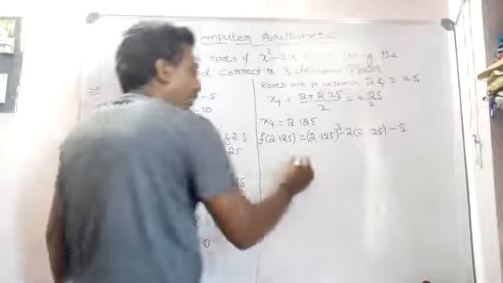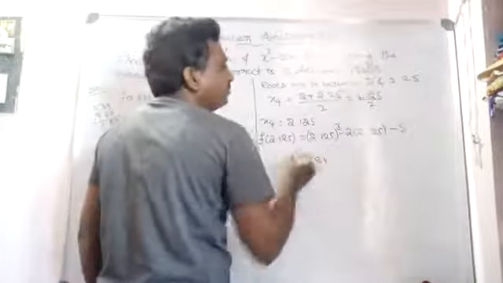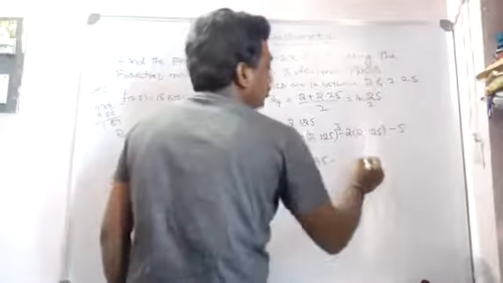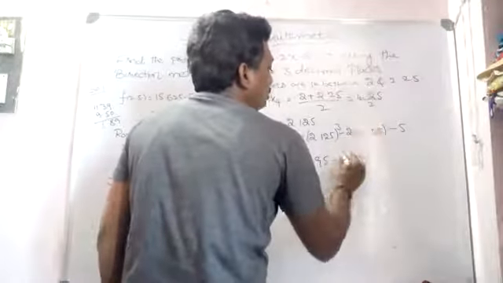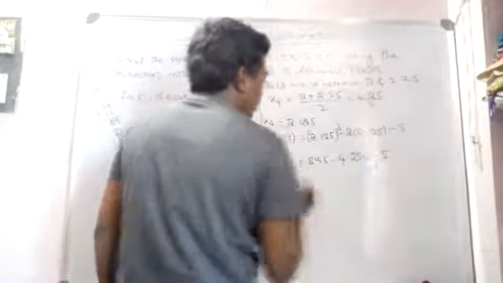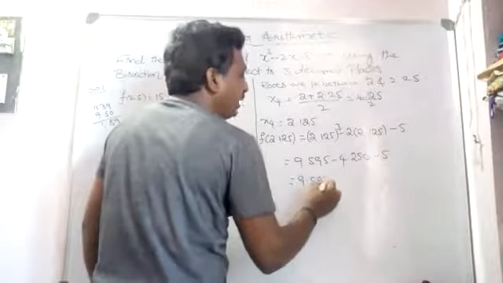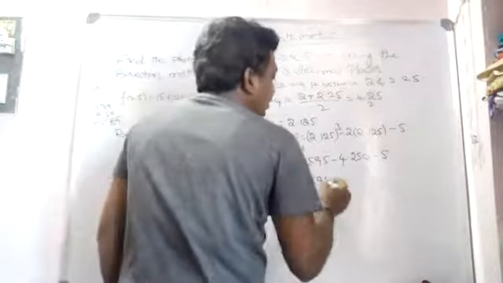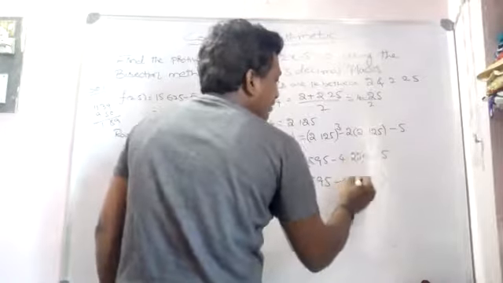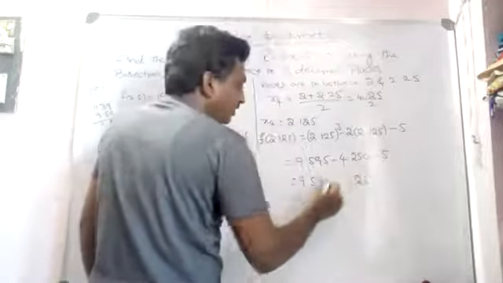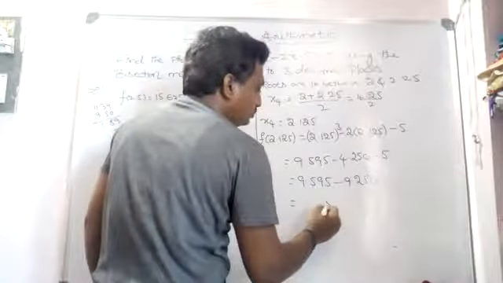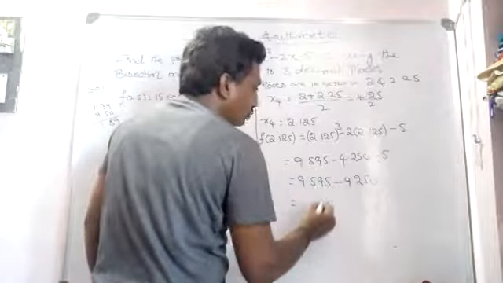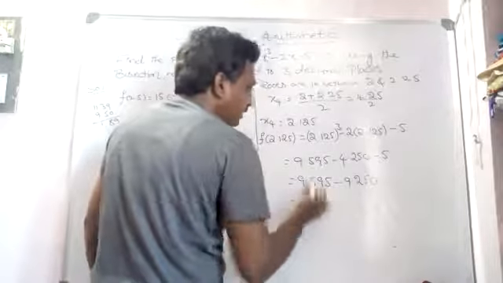That equals 9.595 minus 4.25 minus 5, that is 9.25. Simplifying, we get 0.990.